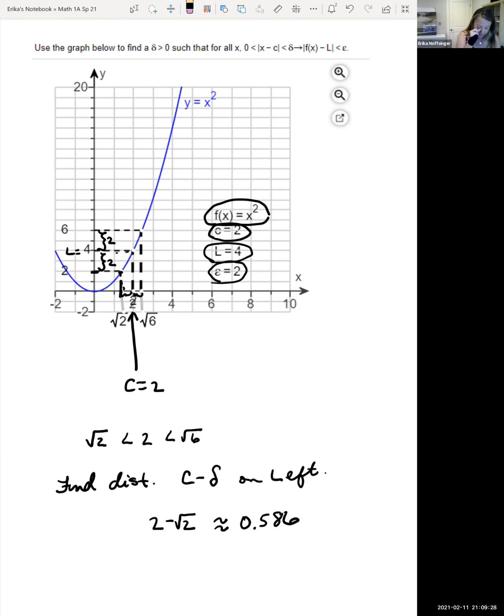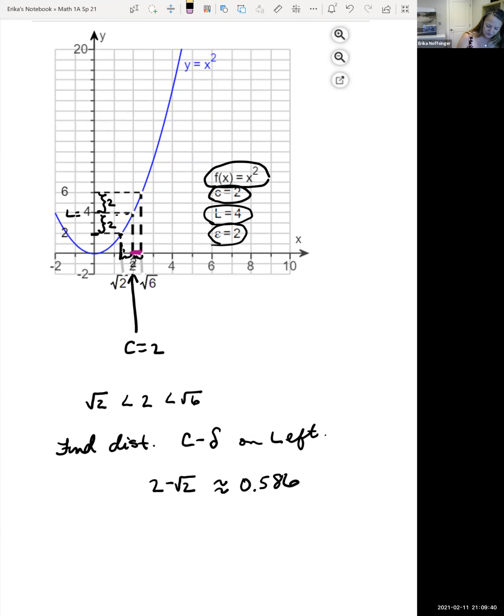So now let's look at it on the other side. If I want to find the distance between C and this value in here, this value for delta is going to be C minus delta.